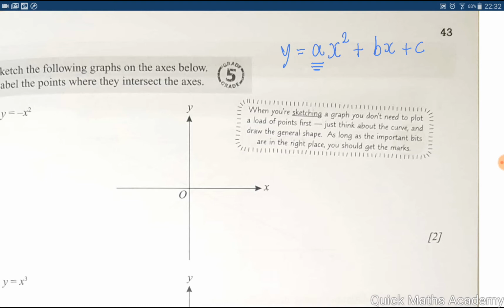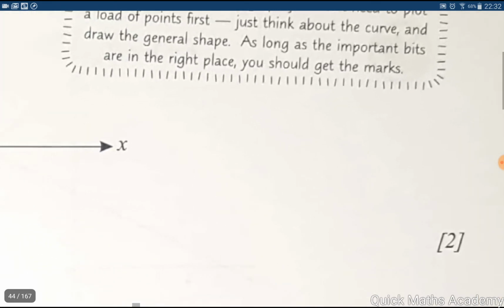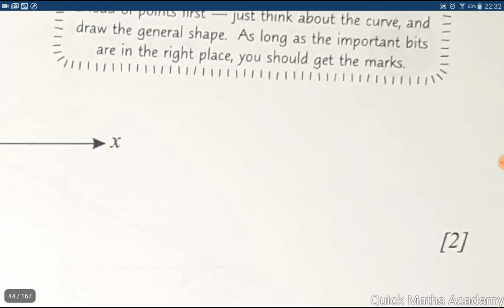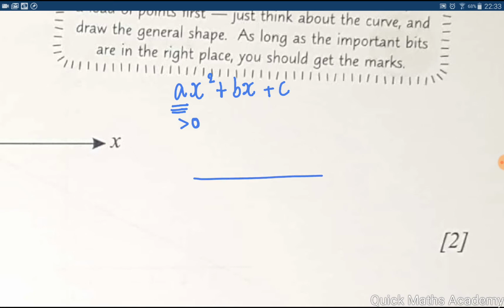Okay, so if my a in ax squared plus bx plus c is a positive number, bigger than 0, that means my parabola will be facing the upside.